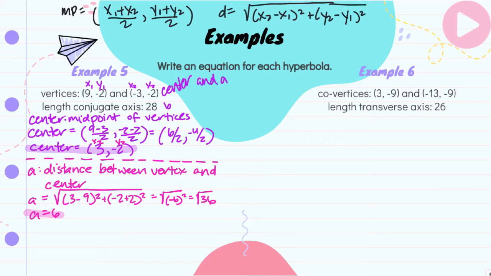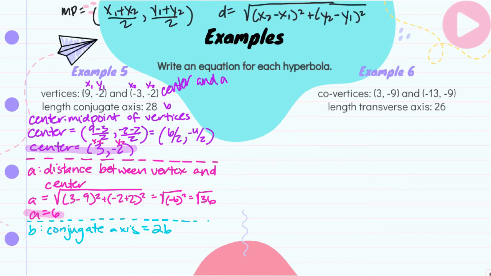And then the last thing we can do is find B. Oh, that's actually not the last thing we can do. Well, we can find B by understanding that the conjugate axis equals 2B.